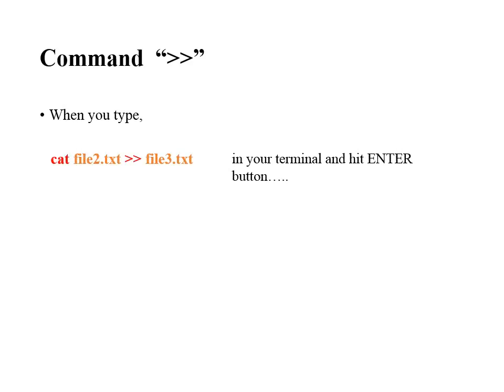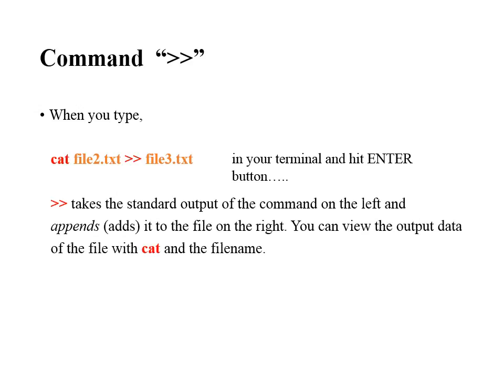Command double greater than. When you type cat file2.txt double greater than file3.txt in your terminal and hit enter, the command takes the standard output of the command on the left and appends, adds it, to the file on the right.